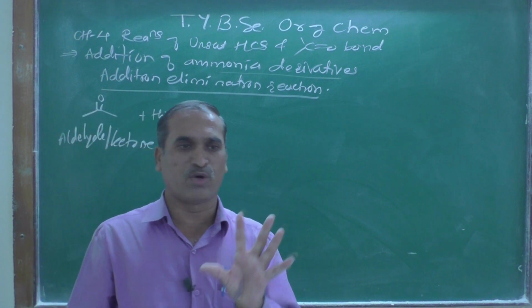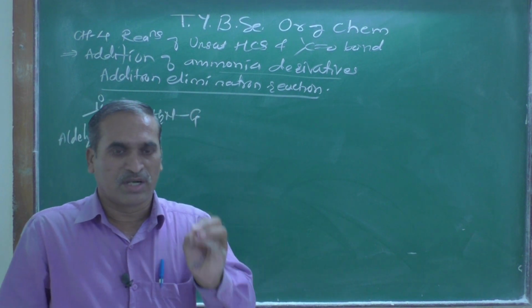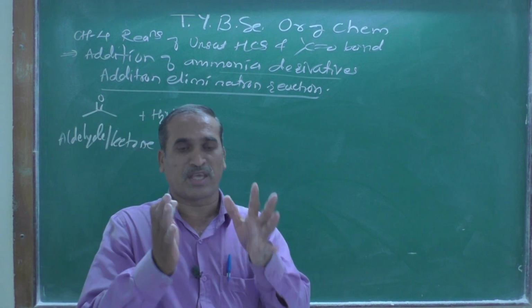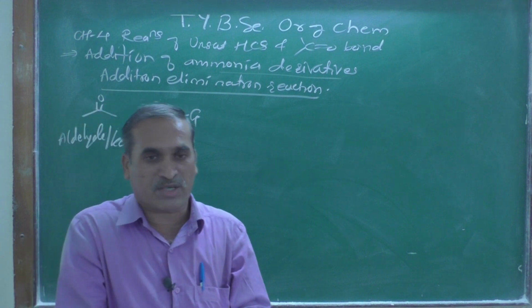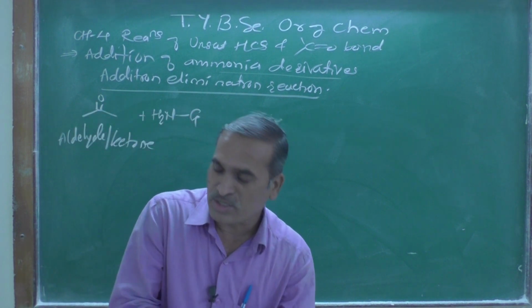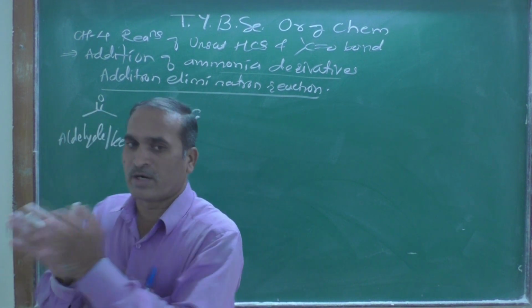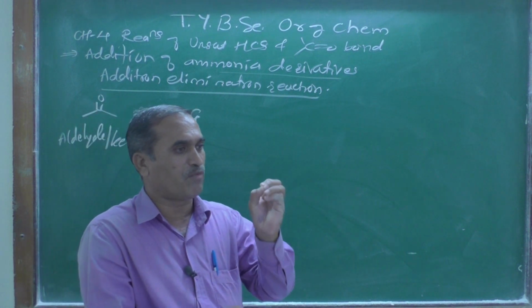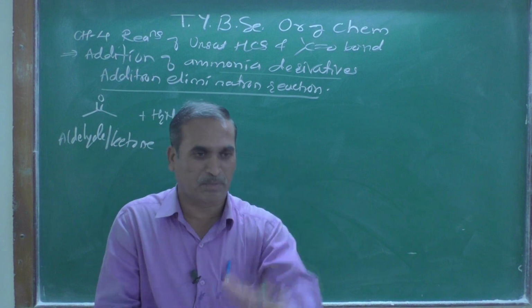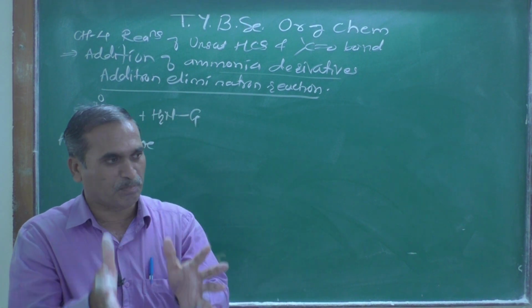These are the five ammonia reagents, and they act as nucleophiles. When this reaction takes place toward the carbonyl group, these reactions are very sensitive to pH. Do you know pH?